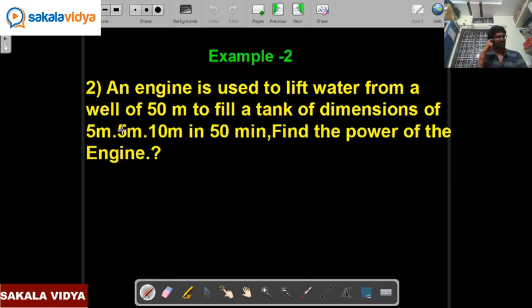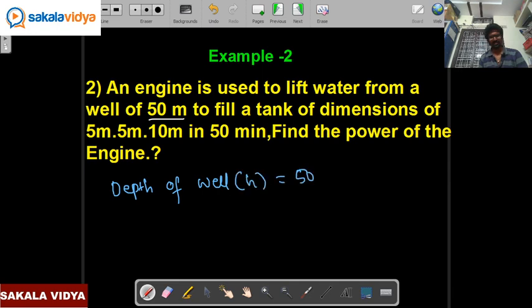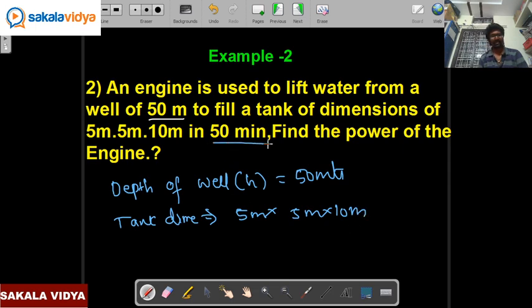So let us calculate some questions on this. An engine is used to lift water from a well of depth 50 meters. So H is equal to 50 meters, to fill a tank of dimensions 5 meters into 5 meters into 10 meters, in a time period of 50 minutes.